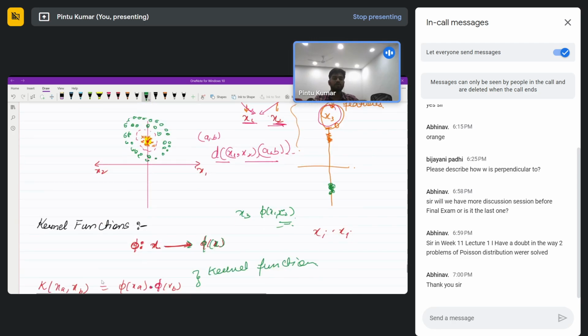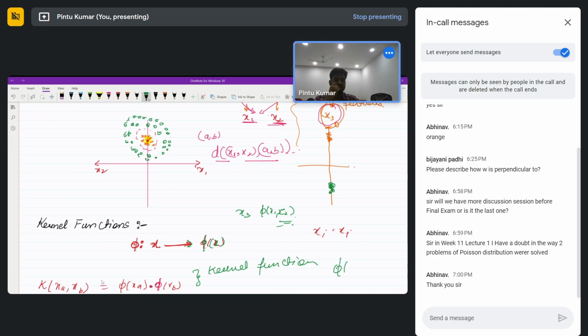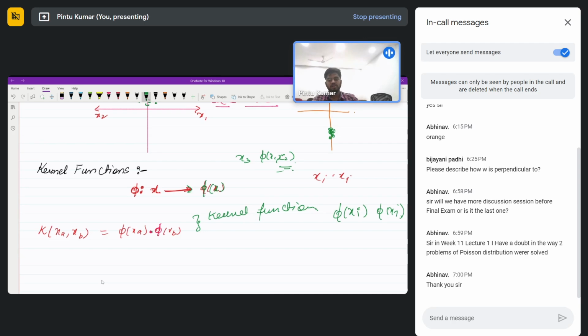But what we want is, we don't want to explicitly calculate phi of xi and phi of xj. हम लोगों को अलग से डिस्टेंस नहीं निकालना है. We don't want this distance to be calculated explicitly. What we want is that if this dot product is some function of xa and xb itself, then those kind of functions are known as kernel functions.